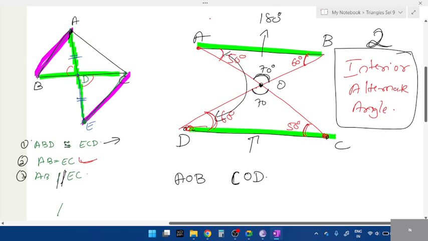Do you think these two are the same? No, they are not the same. If you want to make a note, write parallel lines, write two interior alternate angles, and whenever alphabet X is formed, vertically opposite angles.